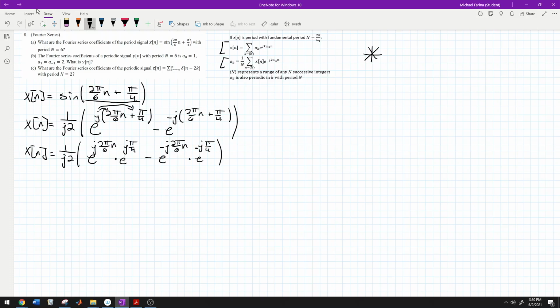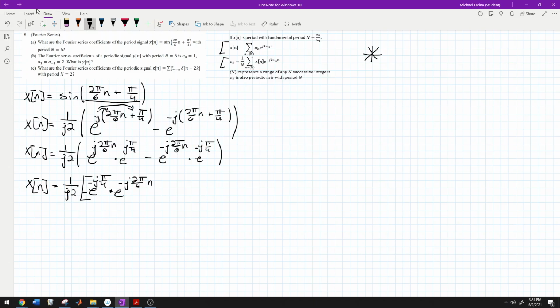And we could rewrite this again, just going from the most negative exponential to the most positive exponential. We get 1 over j times 2 times e to the j pi over 4 times, and this should be a negative sign right there, times e to the negative j 2 pi over 6 times n.